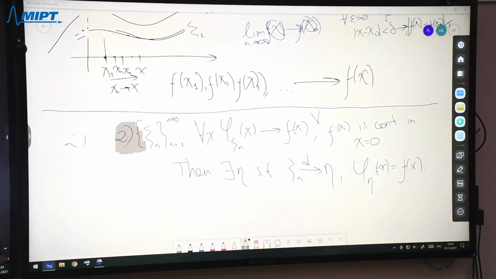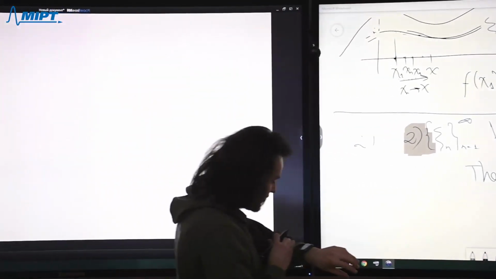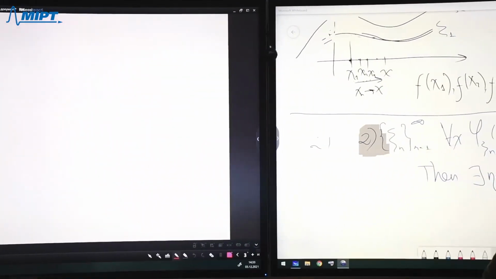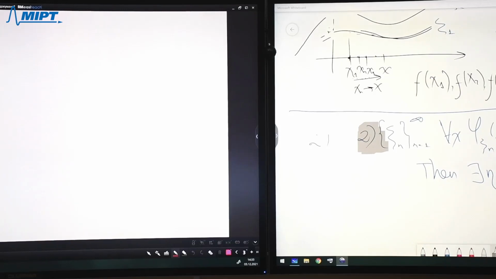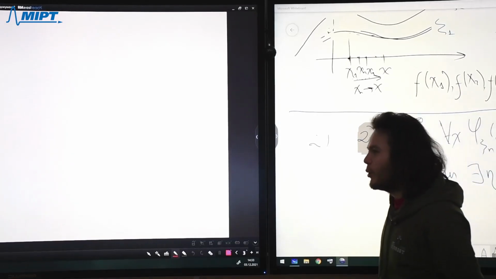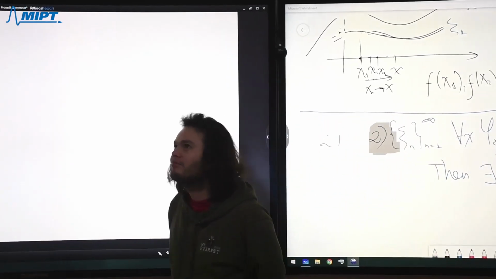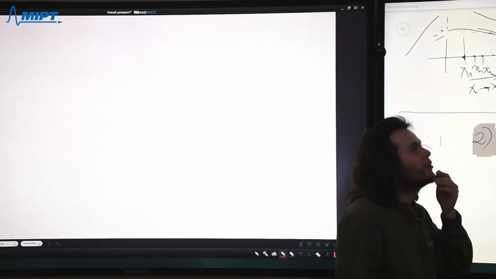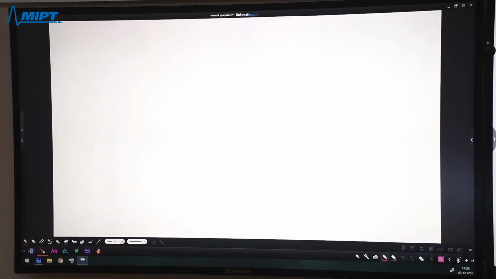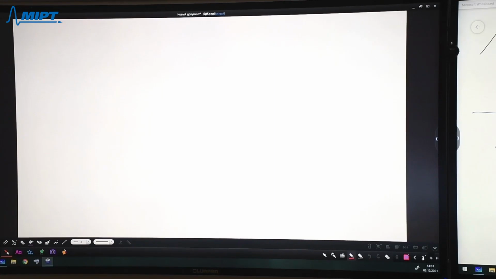Okay, let's state the central limit theorem, and then we will prove it. Okay, we've come to one of the main results. There are maybe two main results from this course.